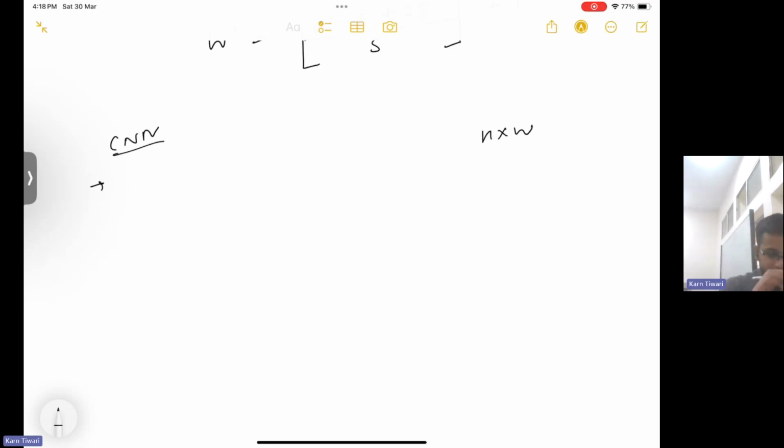Initially, we needed height cross width times this many weights using a feed forward network. But whenever you are doing it with the kernel K cross K, the only weights is K cross K, and this is very much lesser than height cross width.